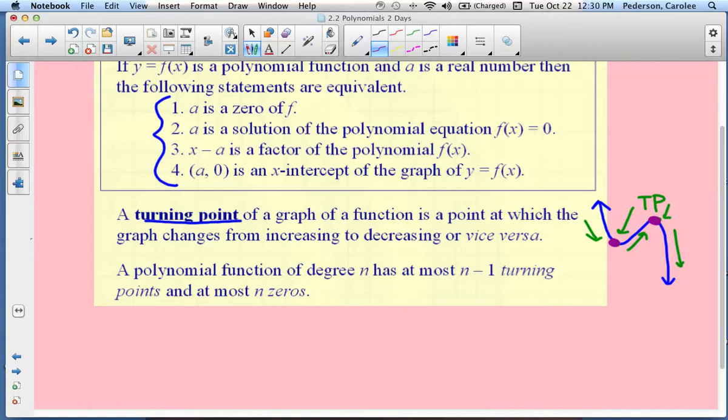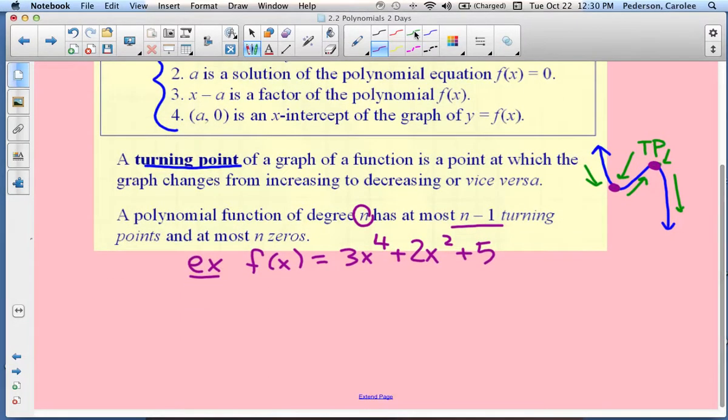How you can tell how many turning points you have is look at the degree, and it's 1 less than its degree. So for example, if we give you a function that looks like this, 3x to the 4th plus 2x squared plus 5, we call this a quartic function. You look at the degree.